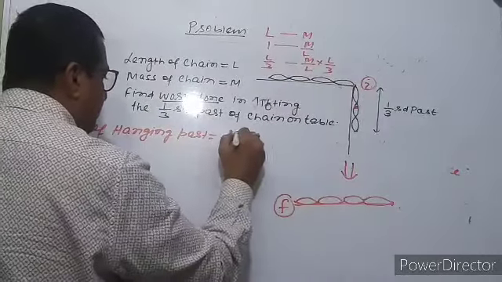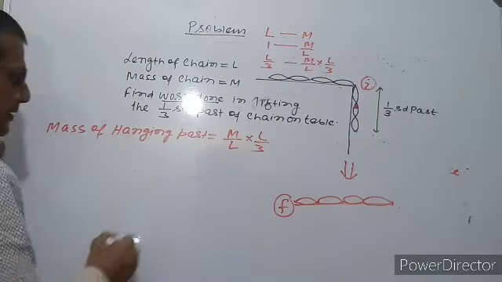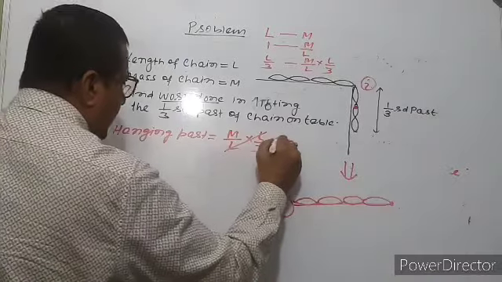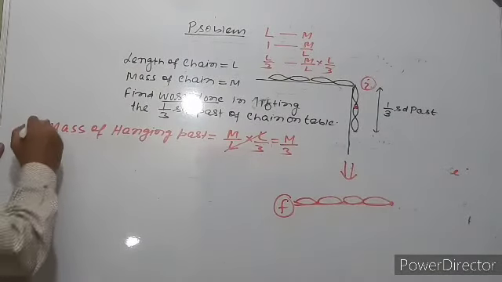So this will be equal to M by 3. Mass of the hanging part.